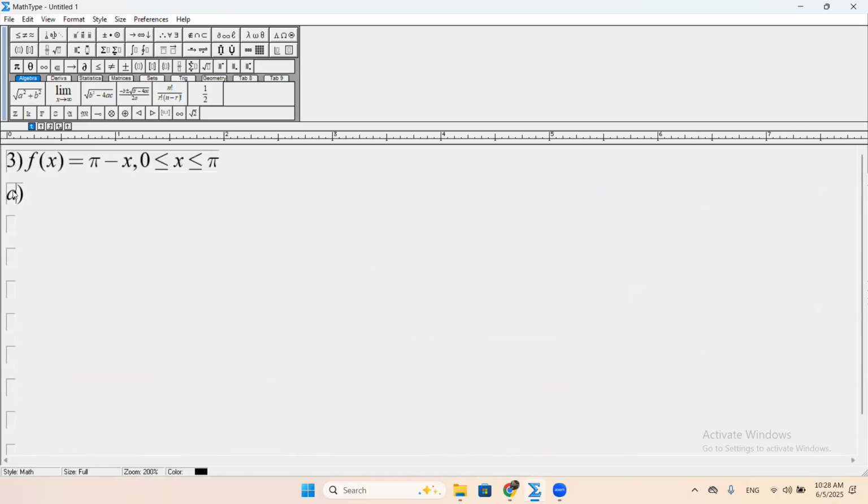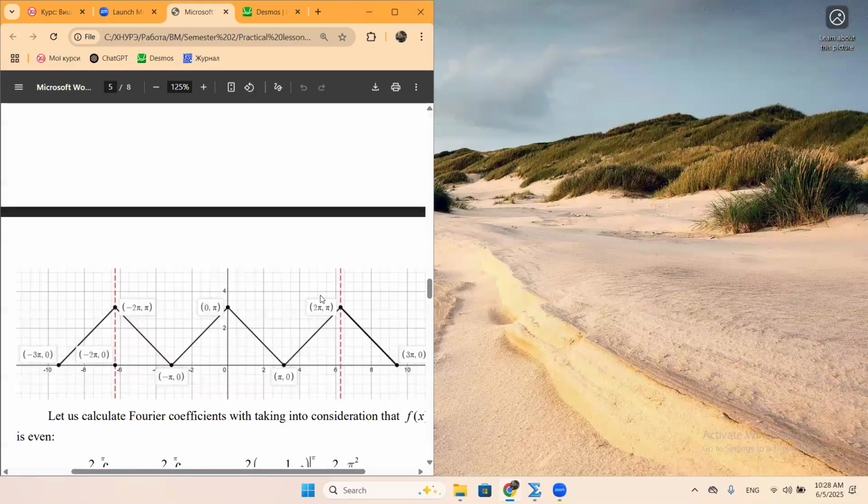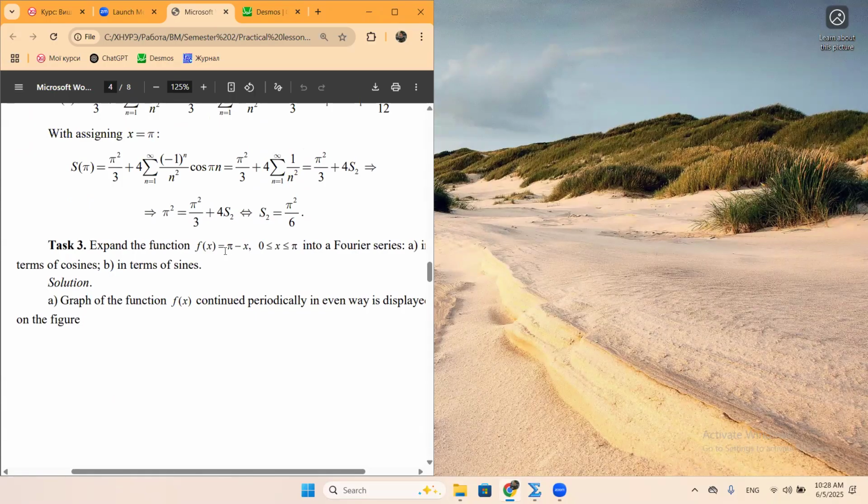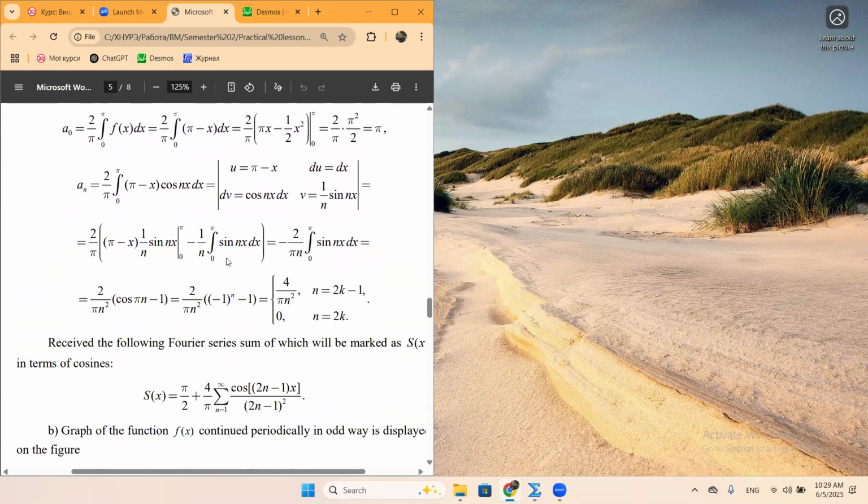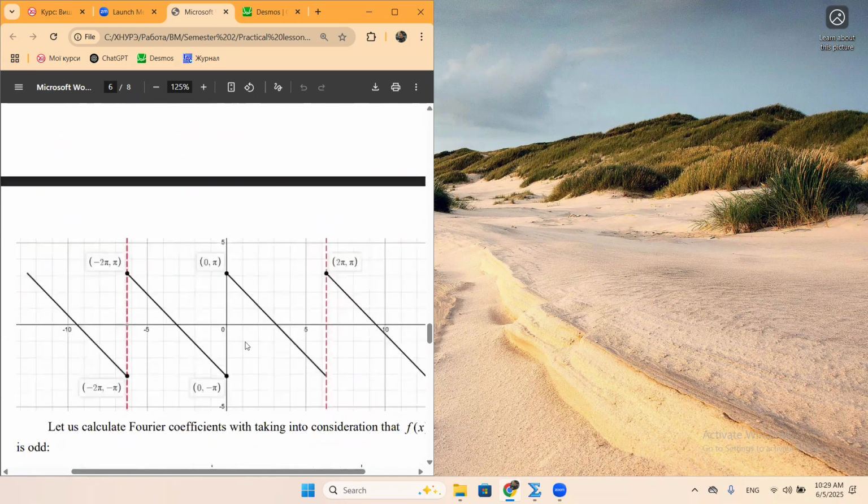So we will expand in terms of sines. When expanding in terms of sines, we will continue the function f of x in an odd way. How it will look graphically, it will look like this.